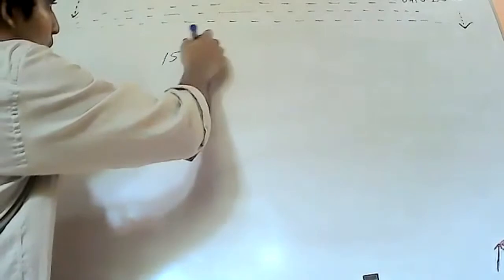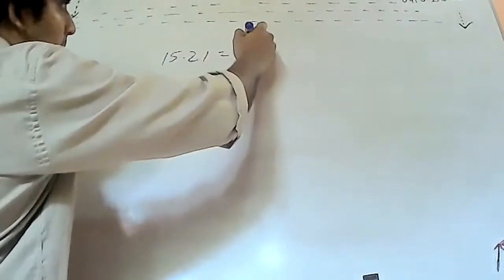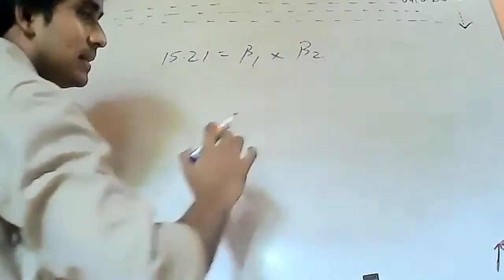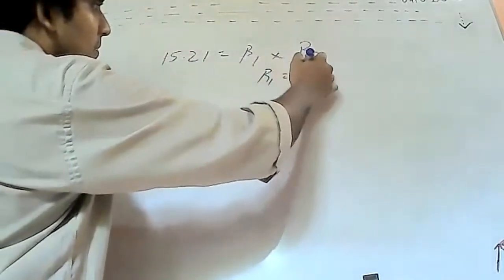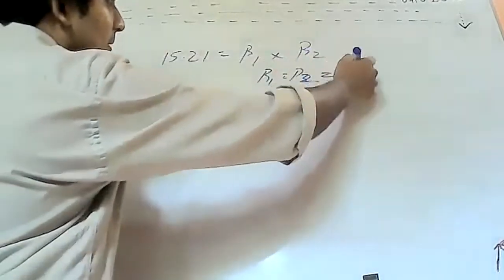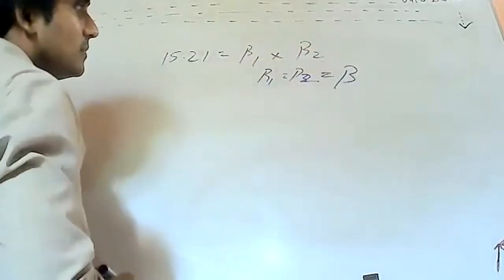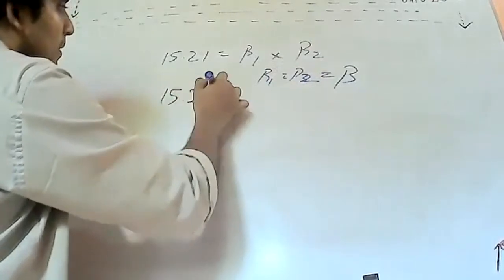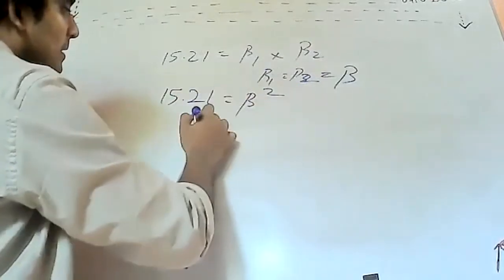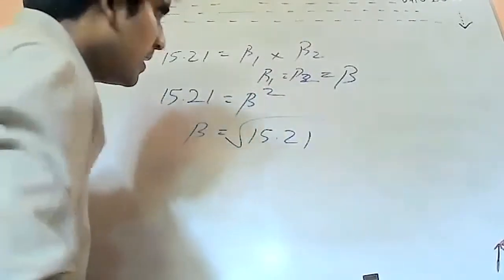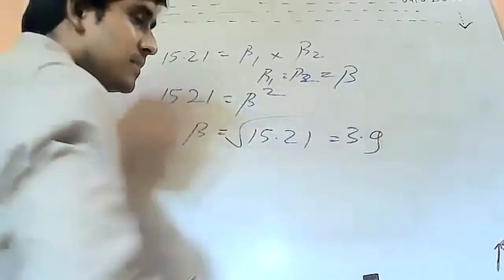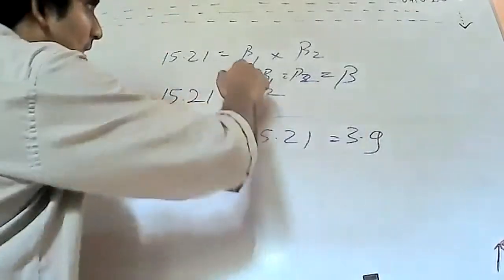Now I told you that 15.21 equals beta 1 multiplied by beta 2, but because of the perfect intercooling scenario, beta 1 equals beta 2, so beta 1 times beta 2 equals beta squared. So 15.21 equals beta squared, that means beta equals the square root of 15.21, which is 3.9. So you know the pressure ratio in each single stage, right?